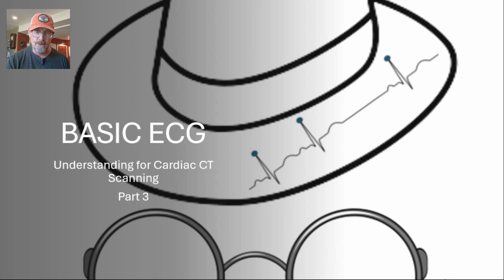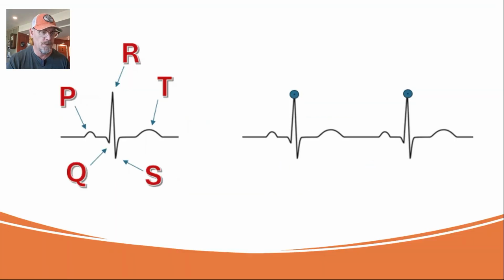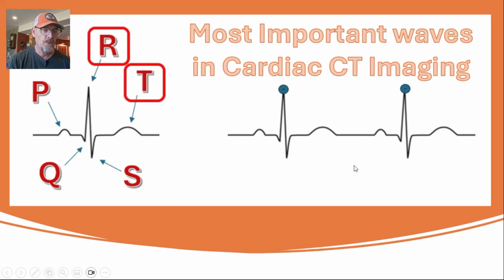Again, the basics of cardiac CT editing. This is just a review. We reviewed the P, Q, R, S, and T wave. As we can see, the P, the Q, the R, there's the S and the T wave. We also talked about how we need to have quality R tagging from the scanner on each R wave.